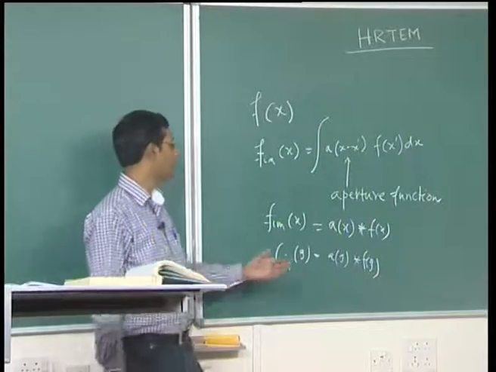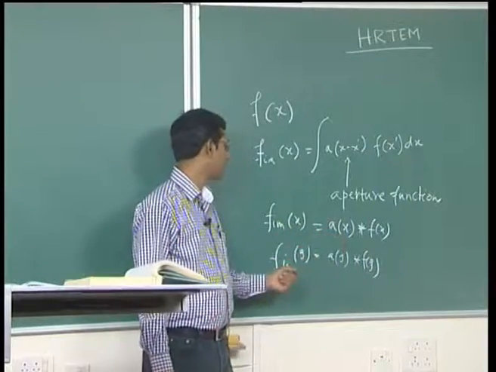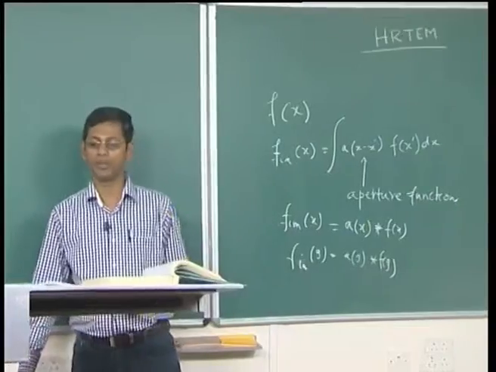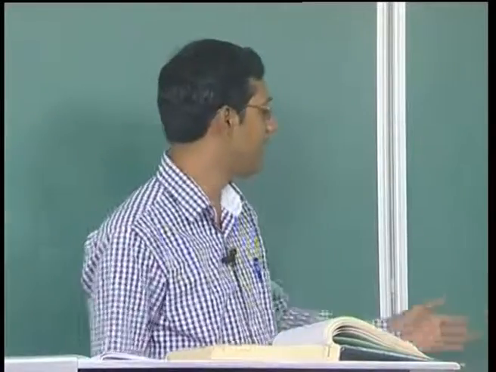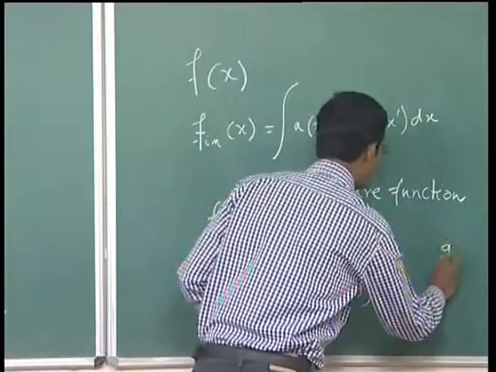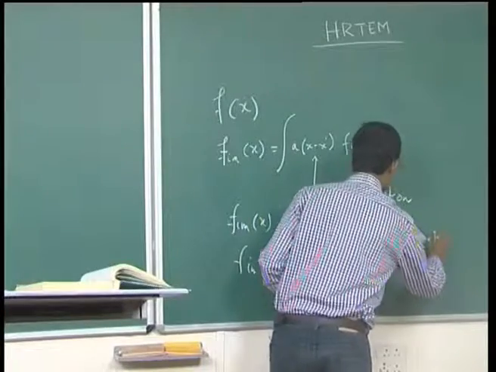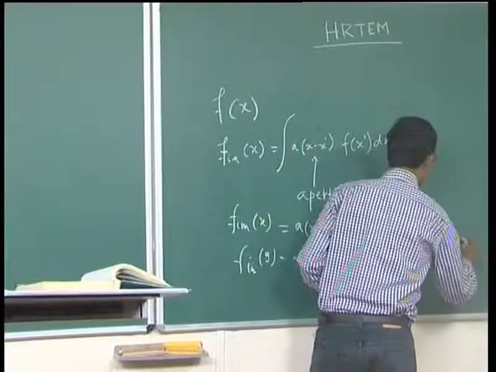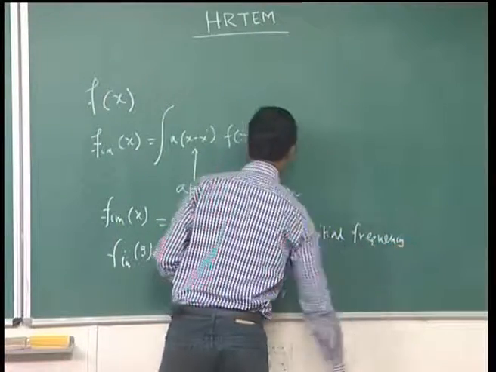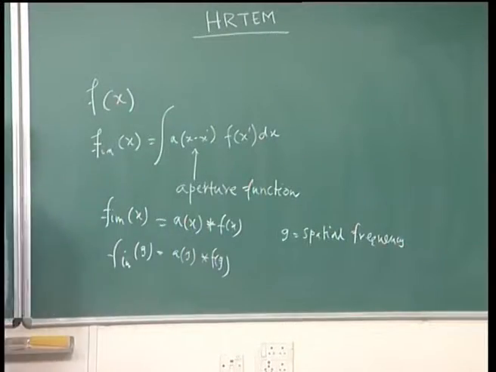We know that the convolution of any functions, once we transfer into Fourier space, remains a convolution of the Fourier components, where g is now the spatial frequency, because in Fourier space everything is described in terms of frequency or inverse of lambda.